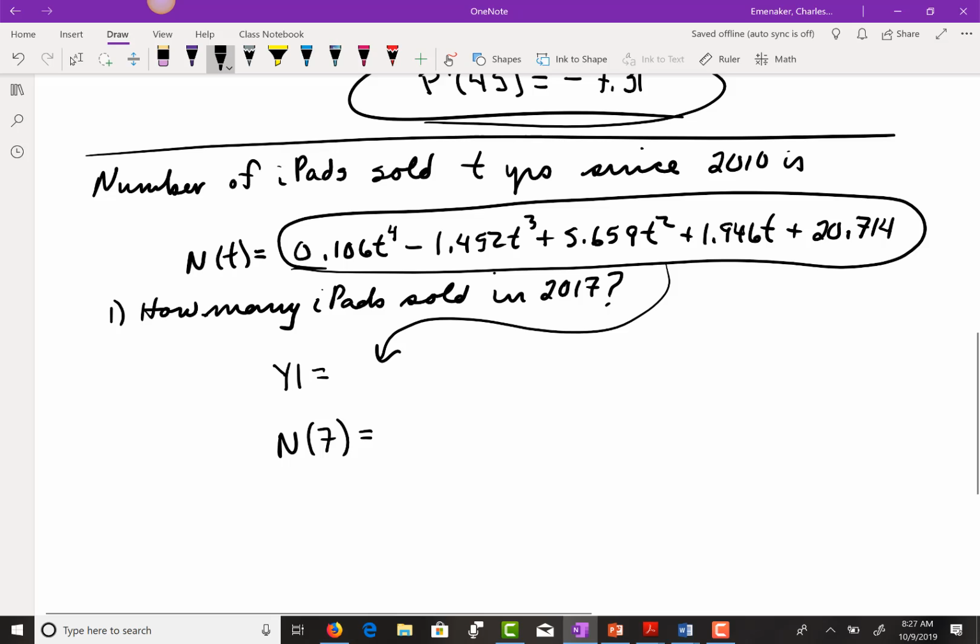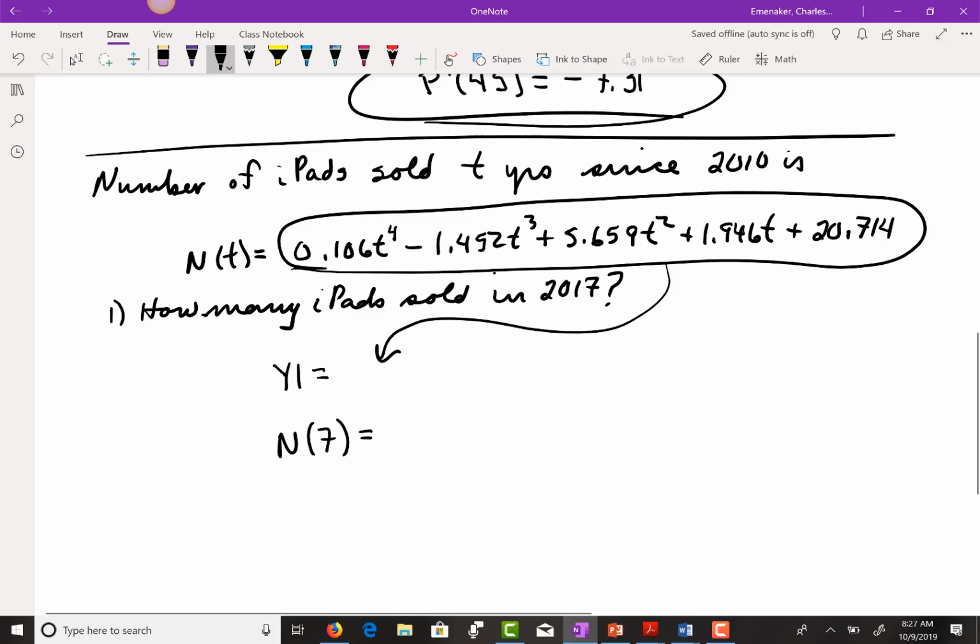You could plug in 7 in those various places where t is. And you're going to have to punch in all the numbers anyway. And you have to punch in just as many numbers to enter the equation once as to enter it into y equals. Several advantages to putting in the y1 equals.